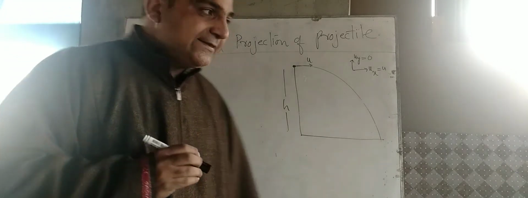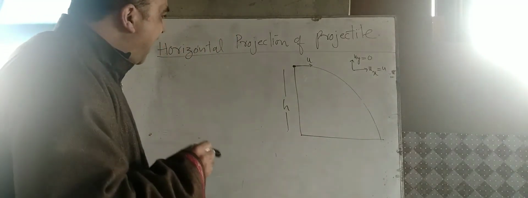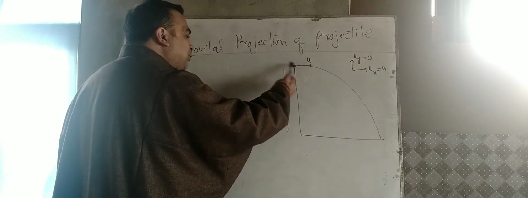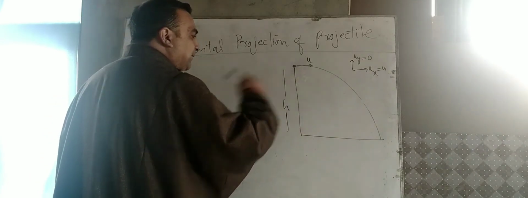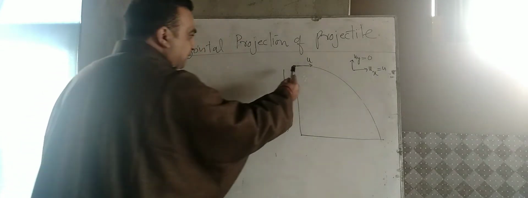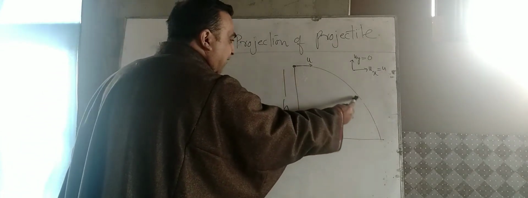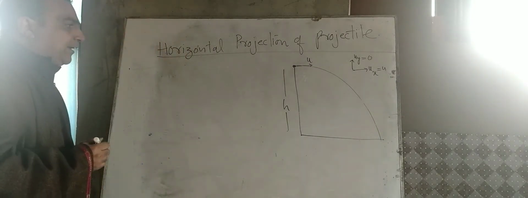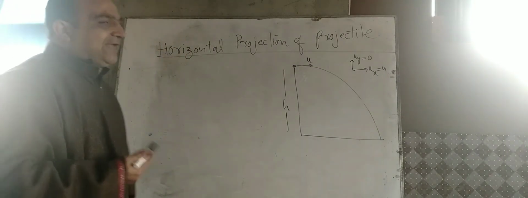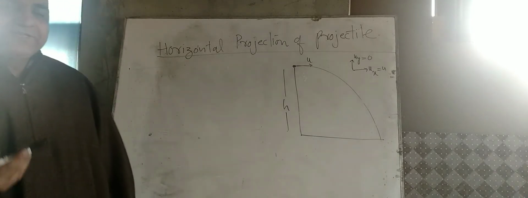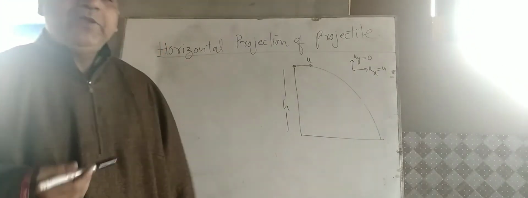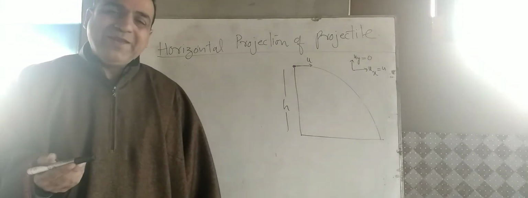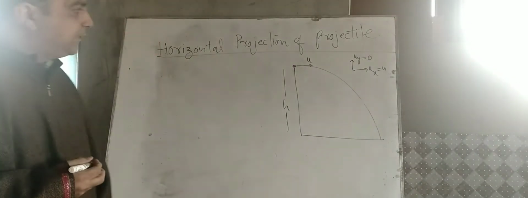Now the point is that you already have a projectile at some height, and this projectile is shot in air and it moves under the influence of gravity alone. Now we want to make certain calculations, to achieve certain results that can be used to make certain predictions.